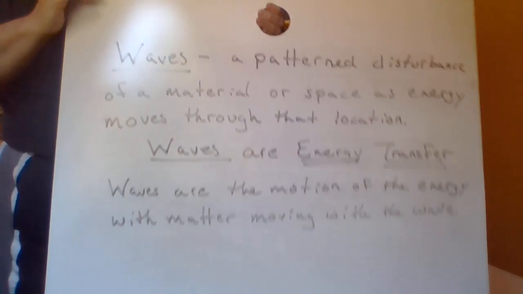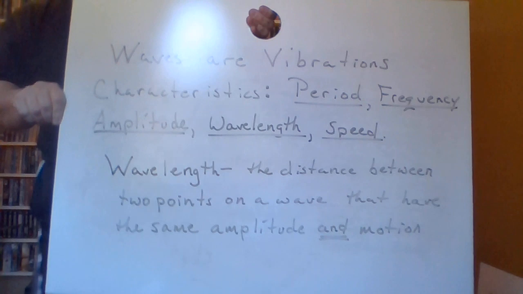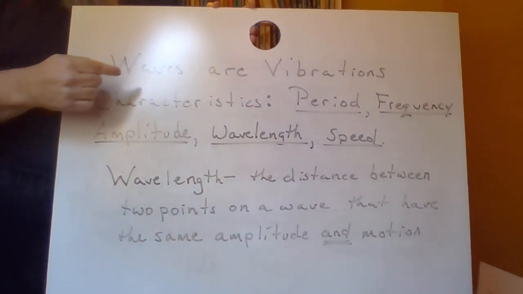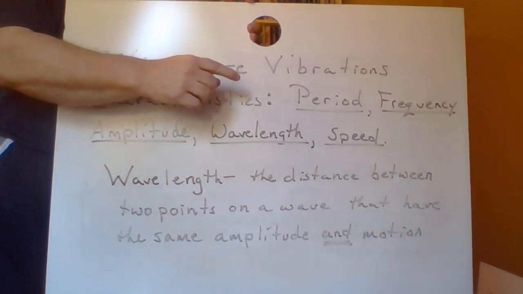Okay? Waves are vibrations. And because of that, we can use the vibrational characteristics that we've been talking about to describe them. So, since waves are vibrations, we can use the characteristics of period.